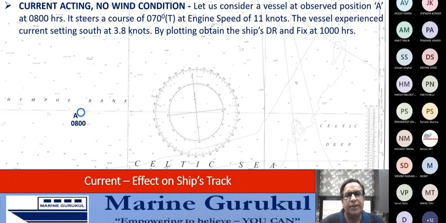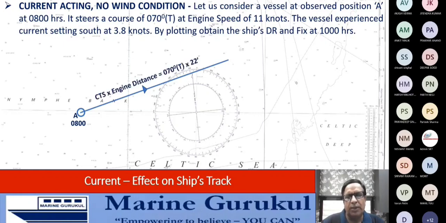Now, through A, if we plot our ship's displacement because of our propulsion, then that will be CTS drawn through A, represented by a single vector, distance marked off for 2 hours, 22 miles. Position B becomes the DR of the vessel at 1000 hours. This we have already discussed earlier as well.